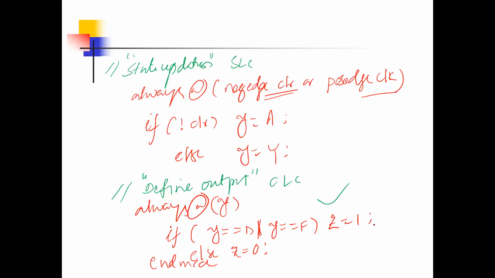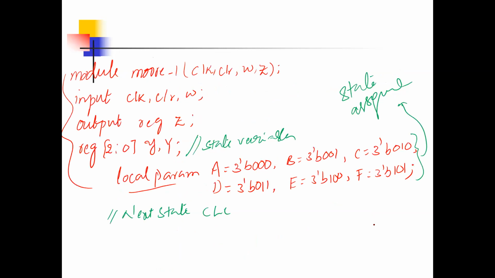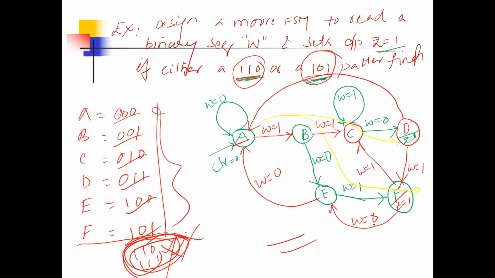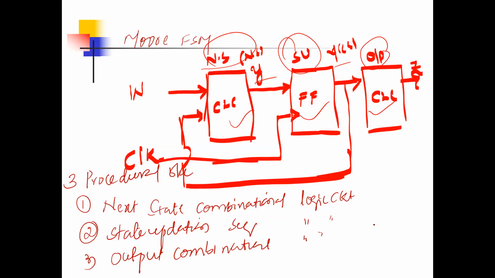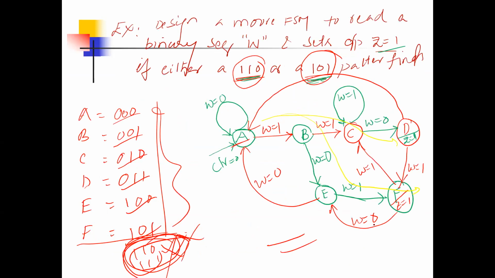So once again, I'm going to start with the Moore state machine. There is a next state updation and the output logic. Since there are three procedure blocks, three blocks is better, always without confusion. For example, to find a sequence in the bit stream, make the output one.